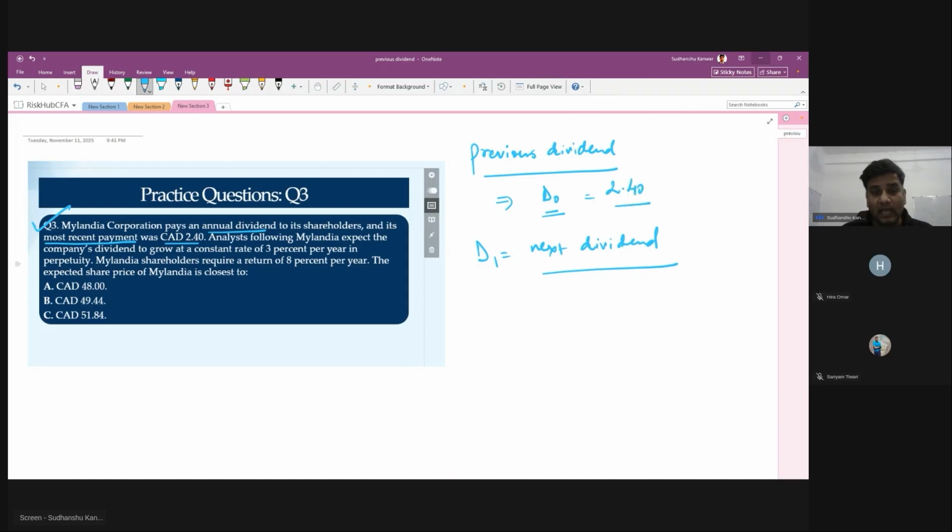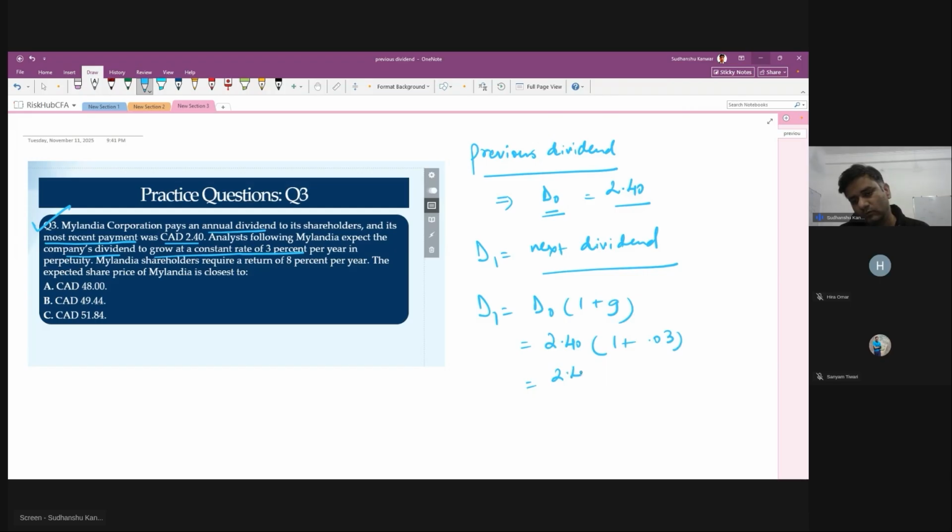Perfect. Analysts following Milandia expect the company's dividend to grow at a constant rate of 3%. Perfect. So D1 is equal to D naught times 1 plus g, which we studied yesterday also. So 2.40 times 1 plus 3%, which is 0.03, right?